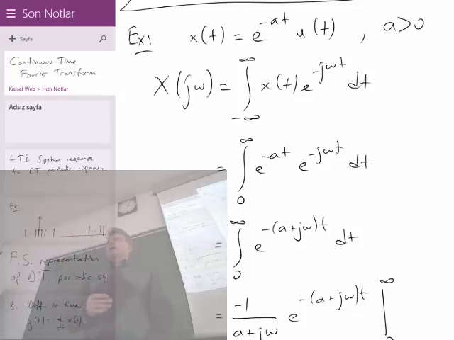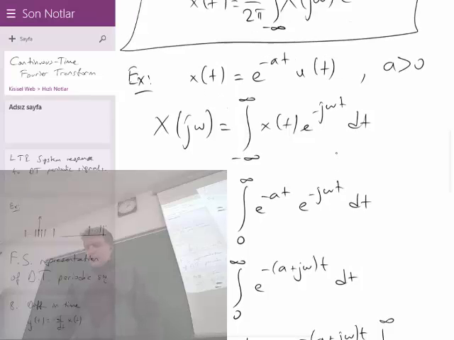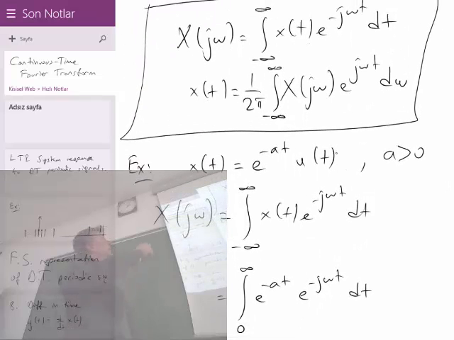Now, of course, a decaying exponential is necessary for the evaluation of the Fourier transform, because if it's a divergent signal, then the integral for the evaluation of the Fourier transform, capital X of j omega, will not converge. For the existence of the Fourier transform, therefore, we need the Dirichlet conditions that we already had for the Fourier series.